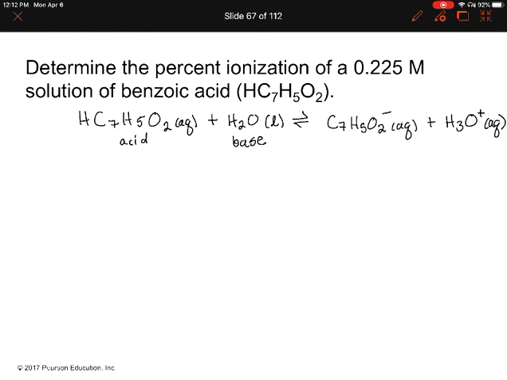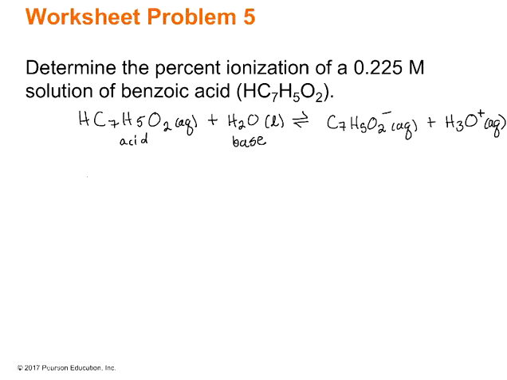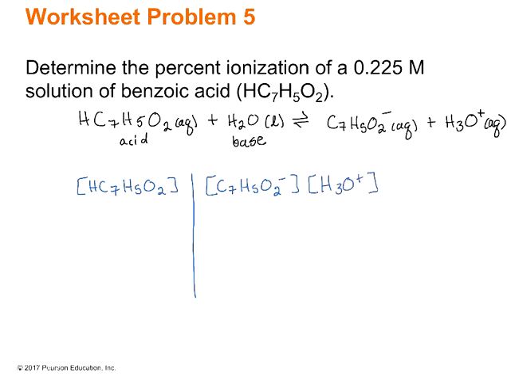And now we can use this equation to help us write out our ice table. Okay, so I'm separating my reactant from my products. And again, we're not including water because its concentration doesn't change since it's a pure liquid. And the initial concentration of the acid is 0.225 moles per liter.